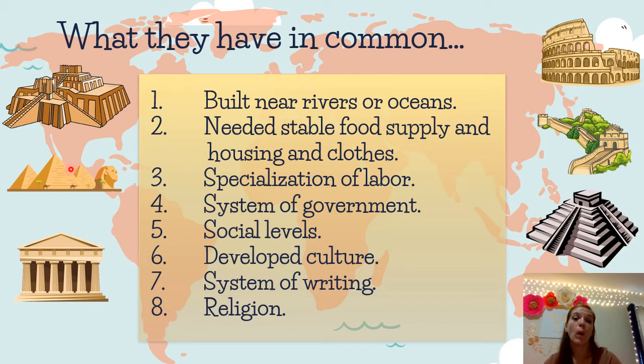Look at number one. They were built near rivers or oceans. Guys, most people built ancient civilizations near rivers or oceans, okay? Near the rios or the océanos. Porque these water sources provided food and transportation and made trade with other societies more accessible.